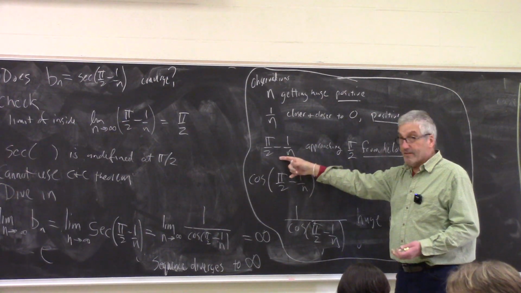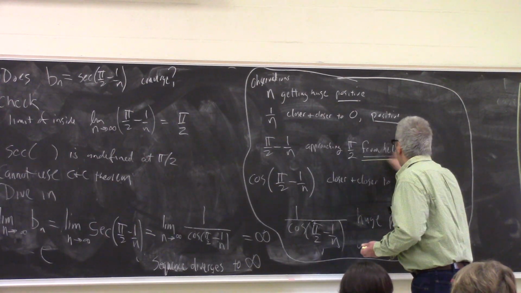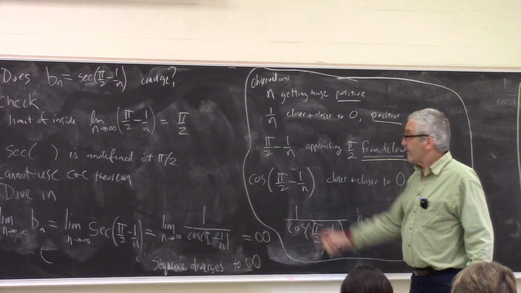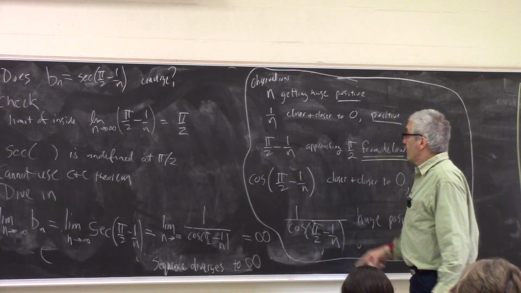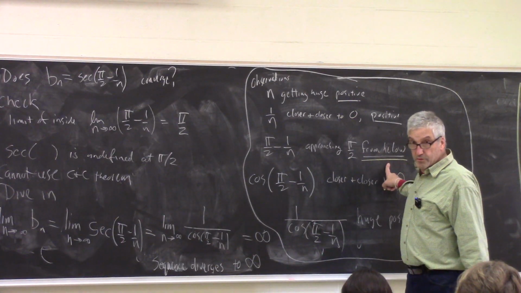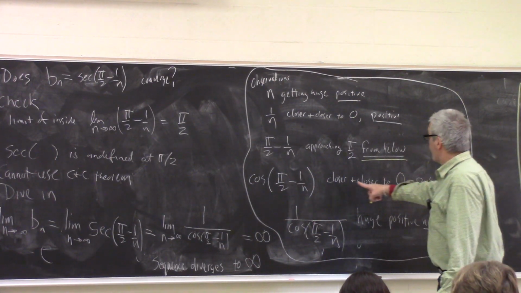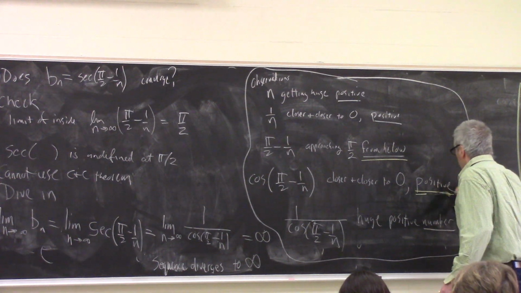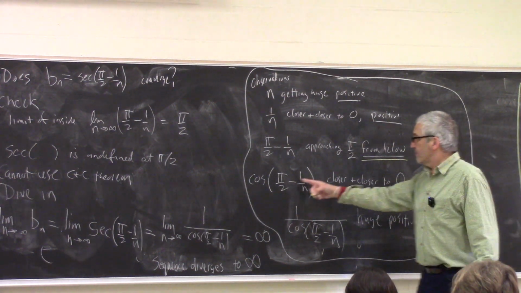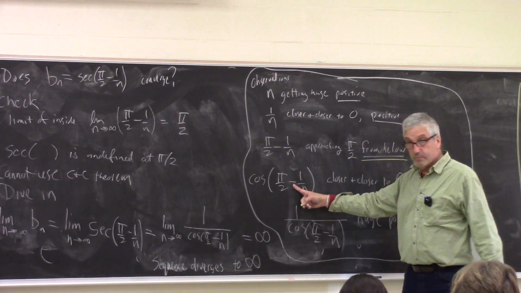So that meant that this thing is approaching pi over 2 from below, because there's a minus sign here. You can imagine if there was a plus here, this would be approaching pi over 2 from above. Now look at this. Cosine was getting closer and closer to 0, but positive. That's because there's a minus sign there. You can imagine over there, there'd be a plus sign here.